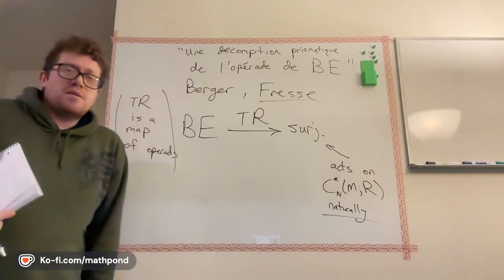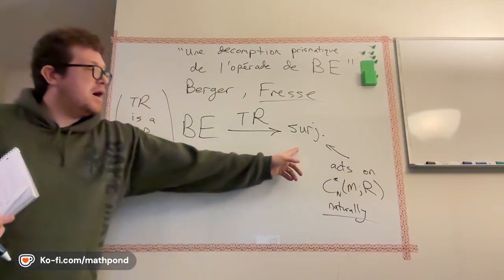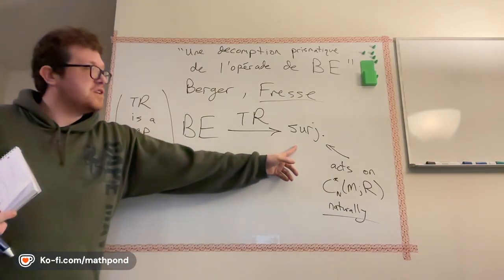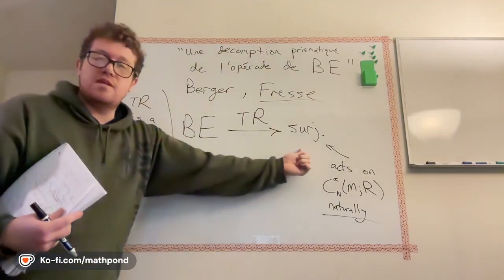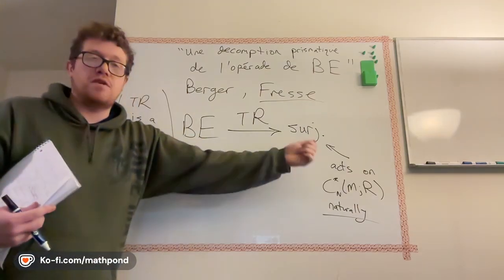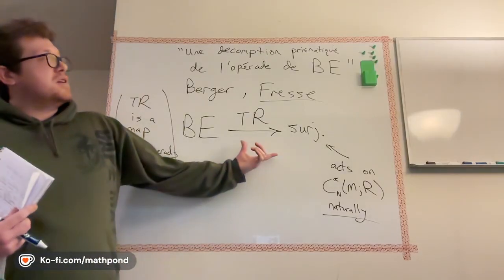And it's a similar story in the algebra case. If you have a map between two algebras and you have a module over the first algebra, you can map all the elements to the second algebra, and now you can view it as a module over the second algebra. So the same story applies here.